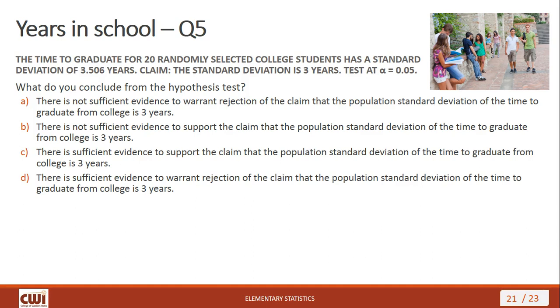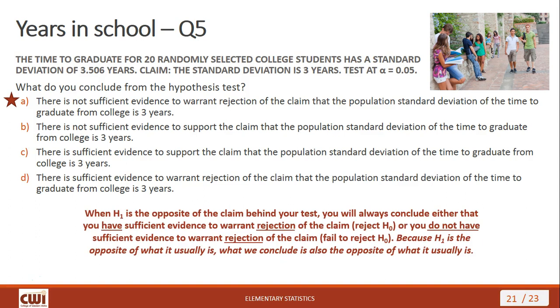Did we have a one-tailed or a two-tailed test? Well, think back when we were looking at the alternative hypothesis, we noted that we had a two-tailed test. Therefore, we want the wording to say evidence to warrant rejection of the claim. So the answer option that we're going to select here is answer option A. There is not sufficient evidence to warrant rejection of the claim that the population standard deviation of the time to graduate from college is 3 years.